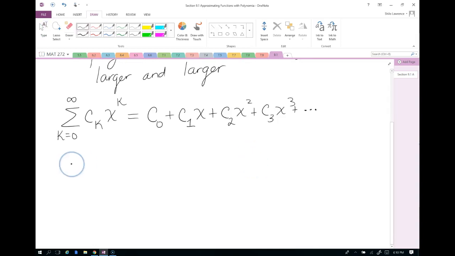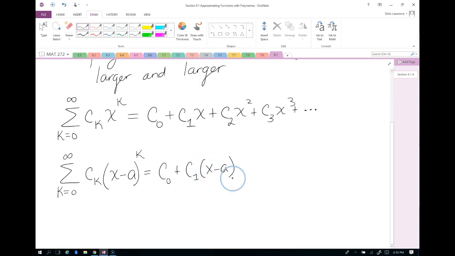A little bit more general form for a power series. There's one additional thing we may see. We may actually see x minus a to the k instead of just x to the k. And I'm just going to write a few terms of this out as well. Looks very similar. So instead of the x's, we have x minus a's.